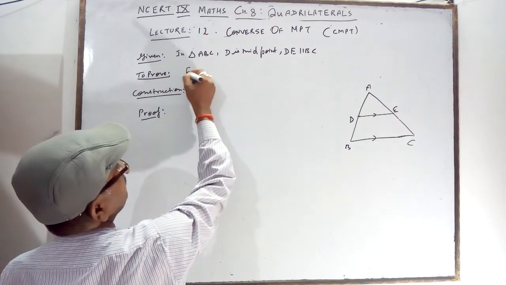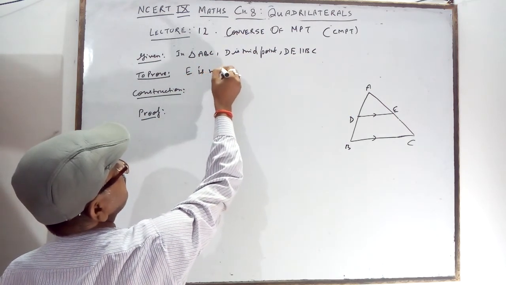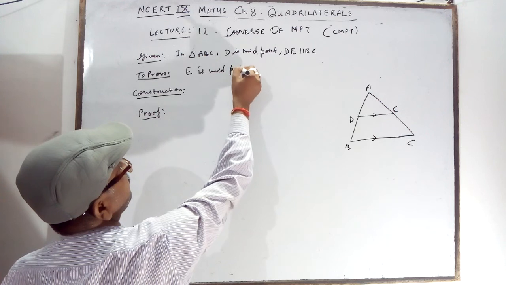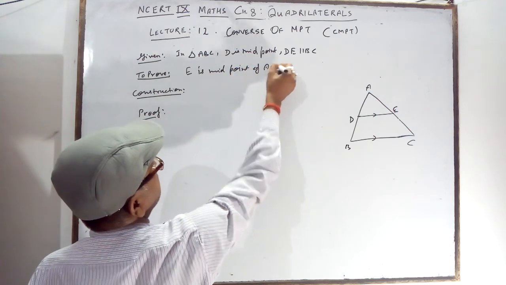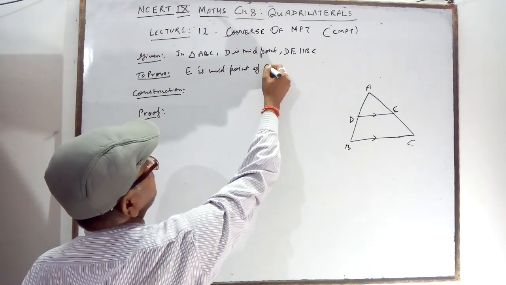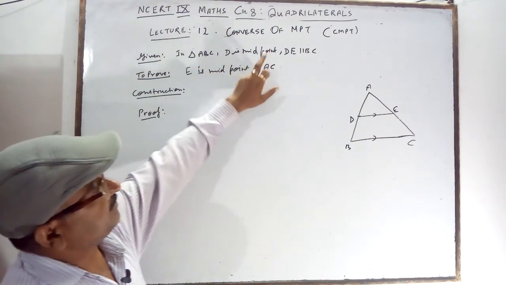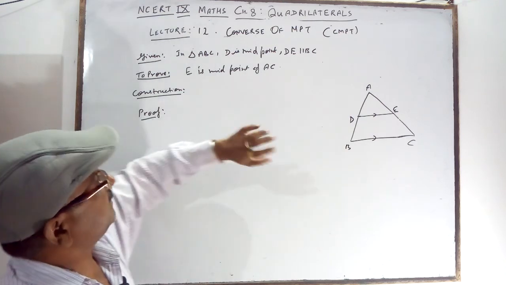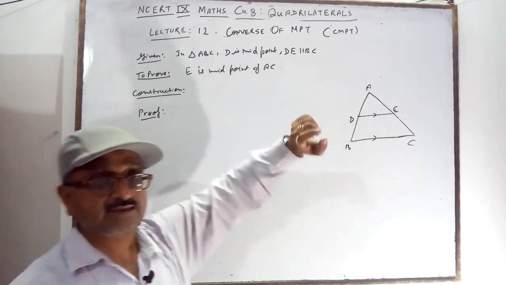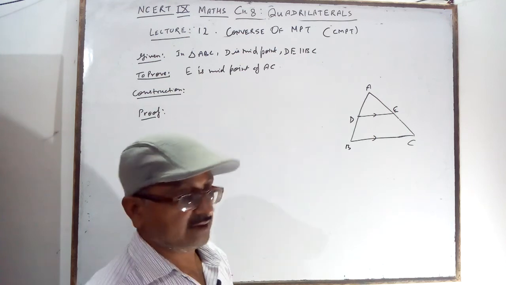You want to prove E is the midpoint of AC. In triangle ABC, D is the midpoint, DE is parallel to BC, it is given. You want to prove E is the midpoint of AC.